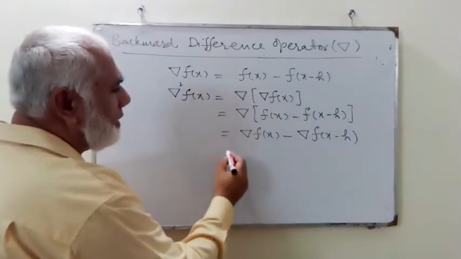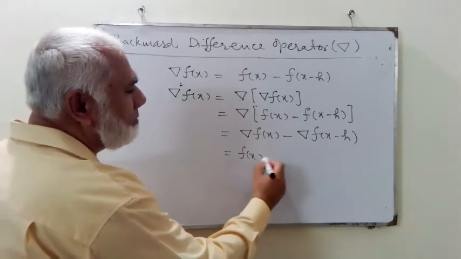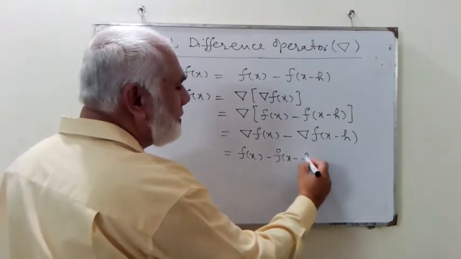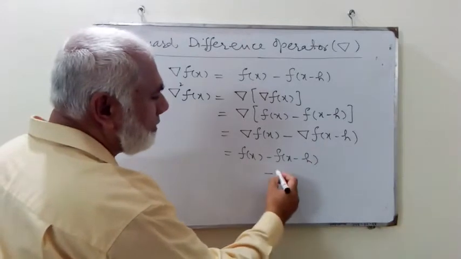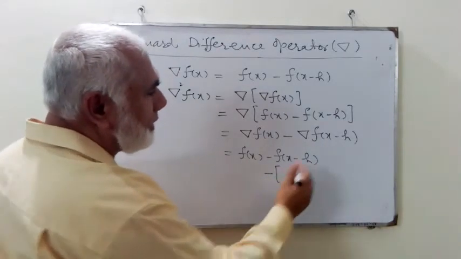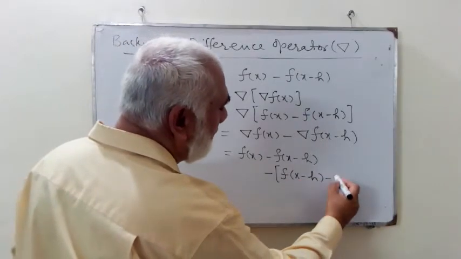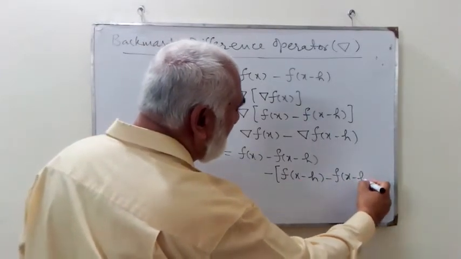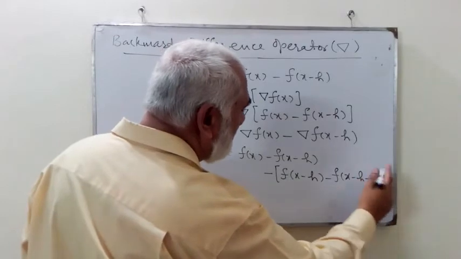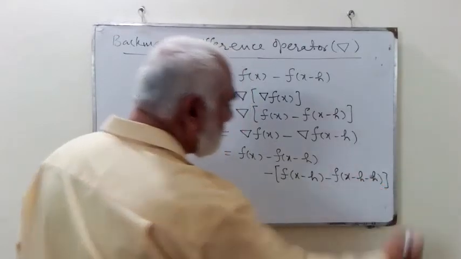On applying the first gives you f(x) minus f(x minus h), and for the second I write it here and place a bracket. On applying it, we get f(x minus h), the original function, minus f(x minus 2h), since there is a difference of one more h.